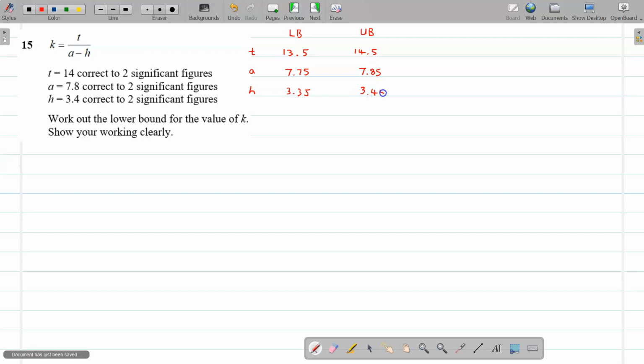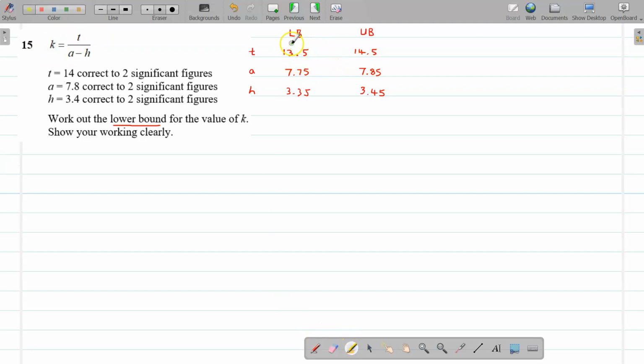Okay, so what we now have to do is we've got to find the lower bound of the value of k. Now when you have a fraction and a subtraction together, that's the most difficult type of problem to deal with, because you have to get the lowest value of k. So that means that the numerator must be as small as possible.